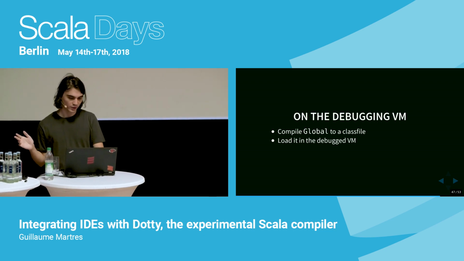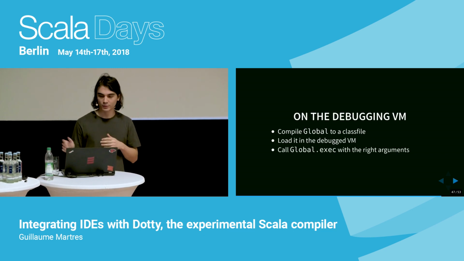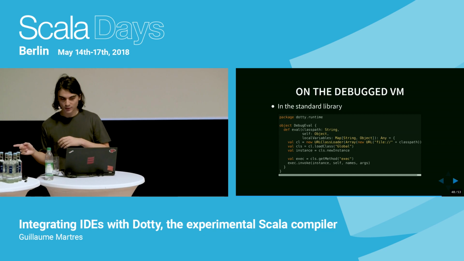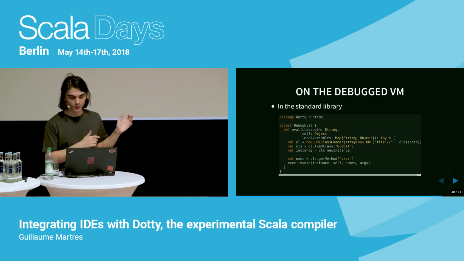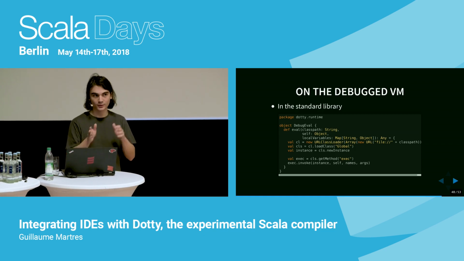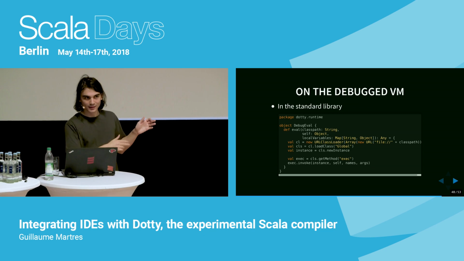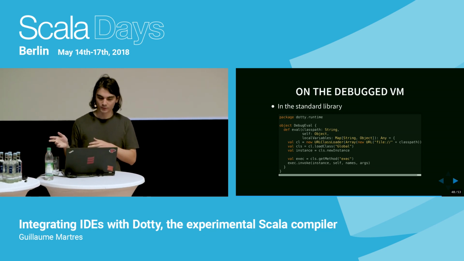And once we've managed to do that, then we just need to call global.exec with the right arguments. So to do that, we're going to cheat a bit and add a magic method in the standard library that we can use to execute some random class file on some random class path, which is just going to look for this class file and call the exec method.